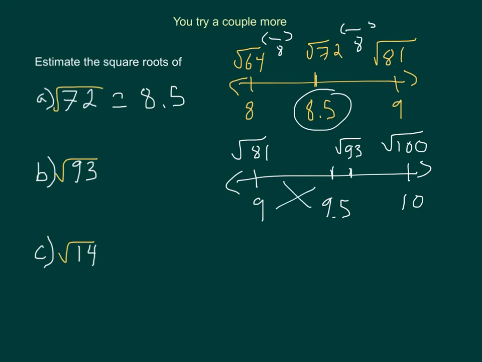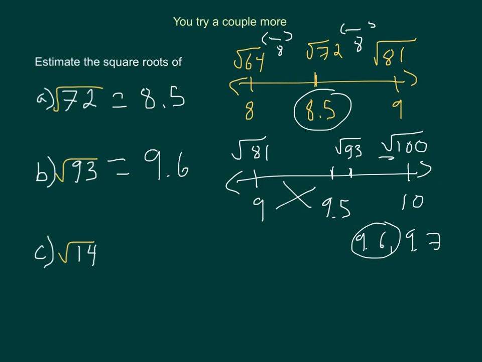It's 9.5 or above. Since it's not that close, I can probably estimate that 93 is about a 9.6 or a 9.7, because it's not super close in here, so it's probably closer to the 9.5. So we'll go with 9.6. Remember, it's estimation, so if you can get within one decimal, I'm okay with that.